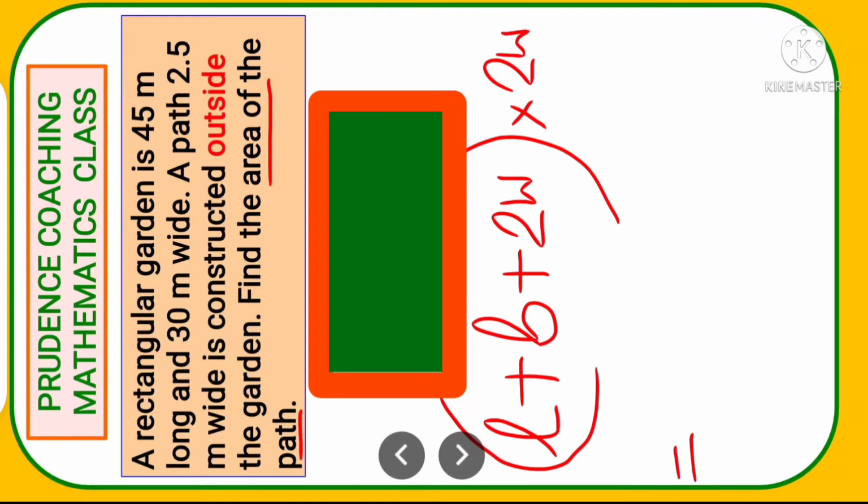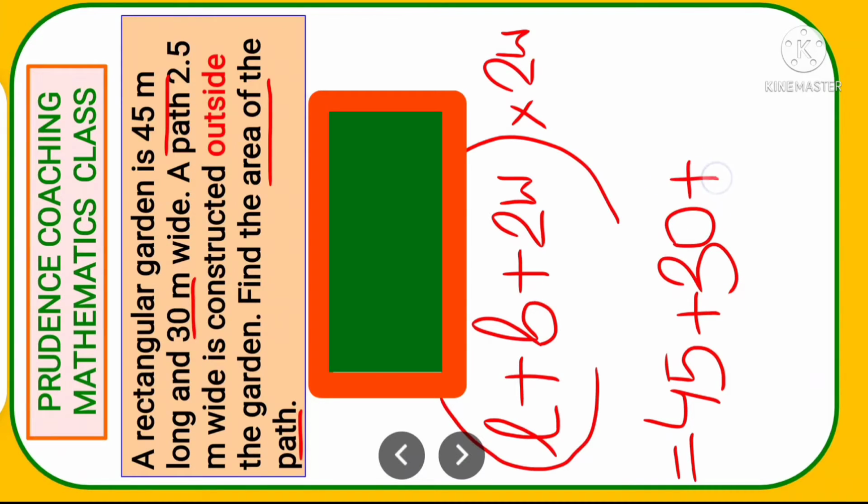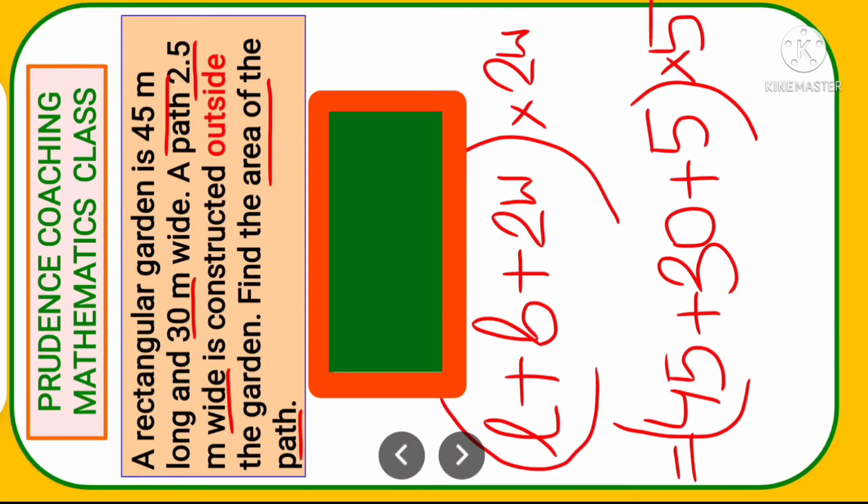Here length is given as 45 meter, so 45 is the length, plus the breadth, 30 meter, so we write 30 plus 2W. Here W is 2.5, so 2W means 2.5 into 2, that is 5.